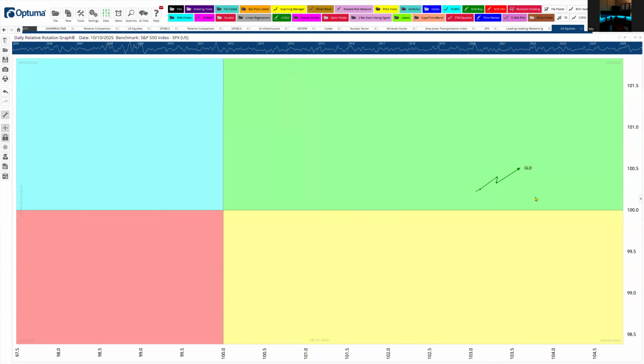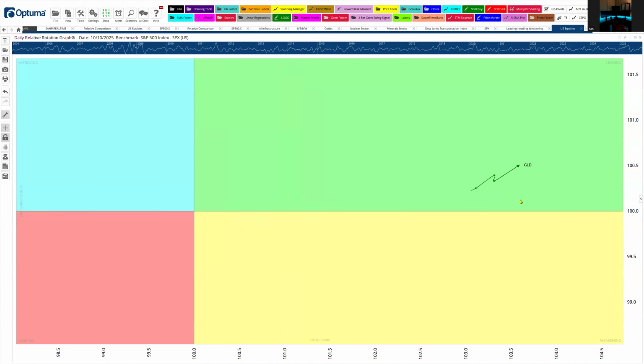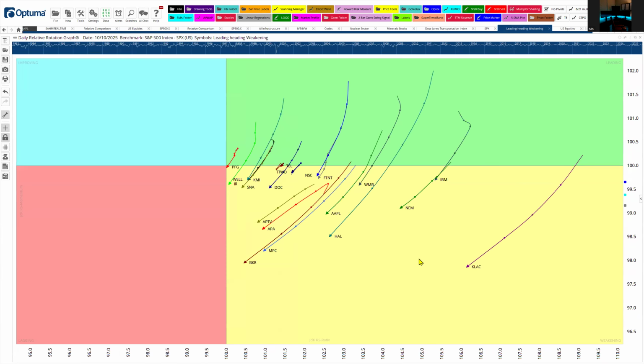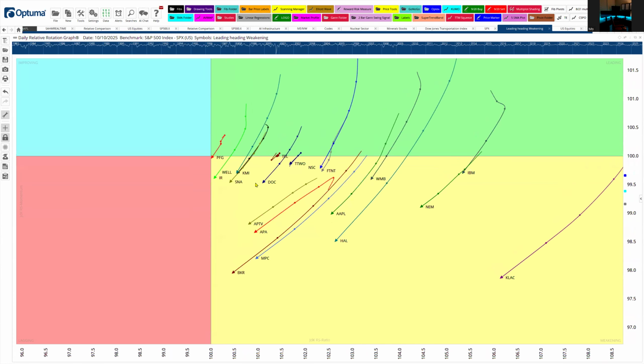GLD is still strong, but gold will eventually roll over, and Newmont is all gold, so if gold rolls over, so does this. Some of these are too close, so they get really choppy.